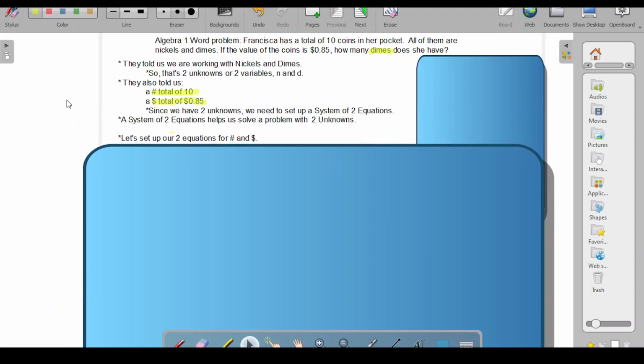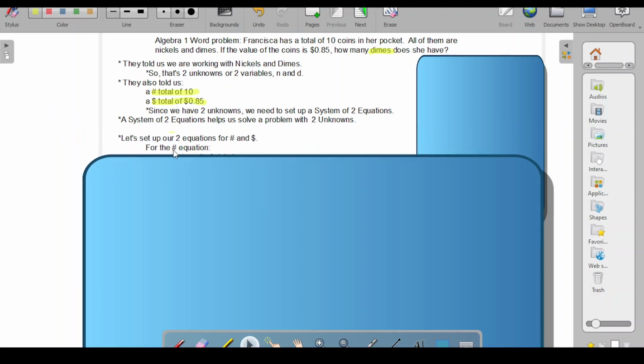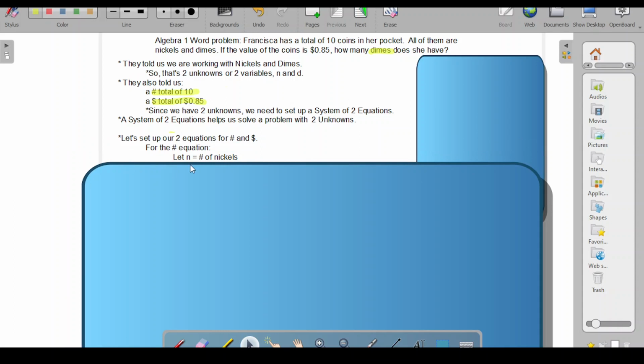Let's set up our two equations for number and money. For the number equation, let N equal the number of nickels.